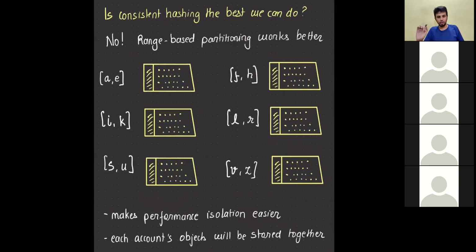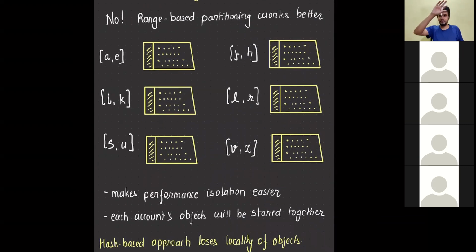Okay, so if we were discussing consistent hashing, now a better way to handle the hot partition problem would not be consistent hashing, but range-based partitioning. Instead of putting it into a ring, it is critical for us to understand what benefit consistent hashing actually gives us.